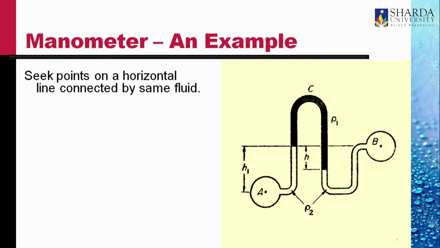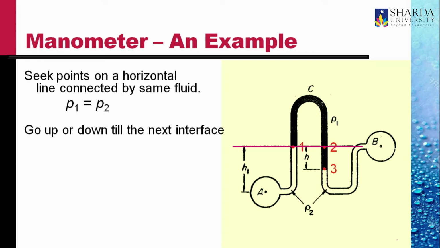We seek points on the horizontal level connected by the same fluid. Points 1 and 2 are two points at the same level connected by the same fluid. So the pressure at 1 must be equal to pressure at 2. We'll exploit this fact to calculate the pressure difference PA minus PB.